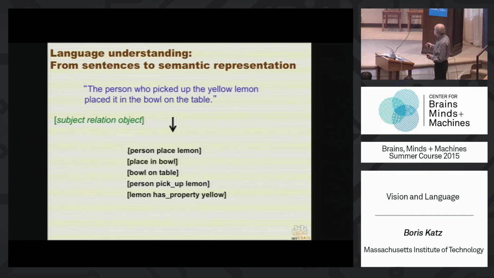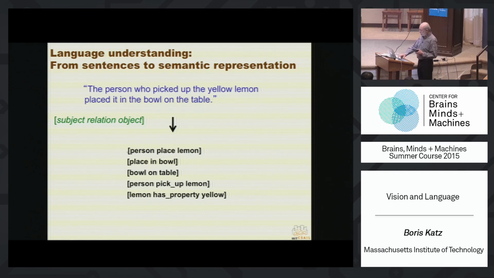I just did it for simplicity, but all words here, of course, need to have an index, because if you have, say, a tall person and a short person, then you will have to distinguish between them, so you need indices. But for simplicity, I didn't show them here. And the verbs also have indices, so that when you use the same word place here, that is the relation, the triple that happened to be in the bowl, that the person places a lemon in the bowl.